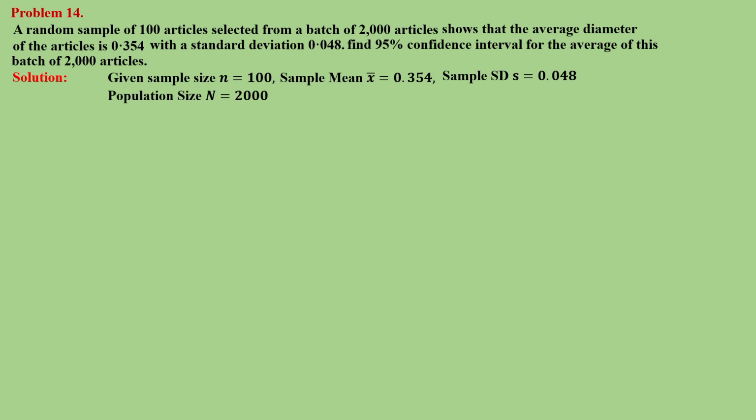They have given a random sample of 100 articles selected from a batch of 2000 articles, so that is the large population. So population size capital N is equal to 2000, right?